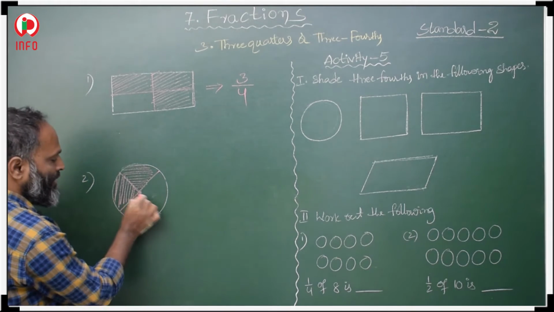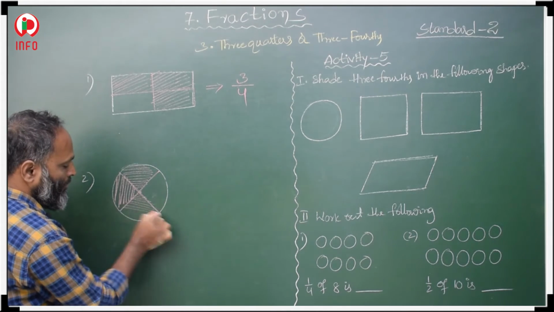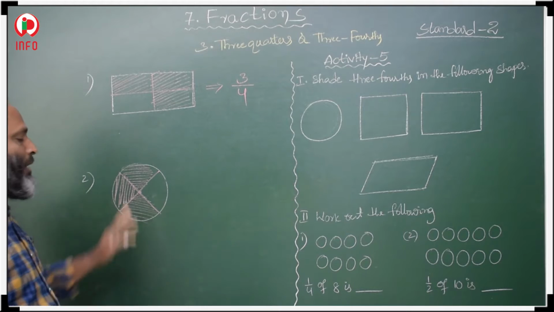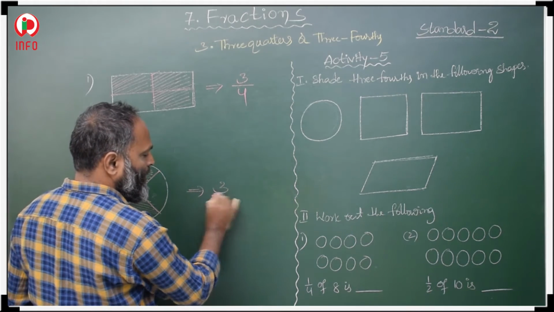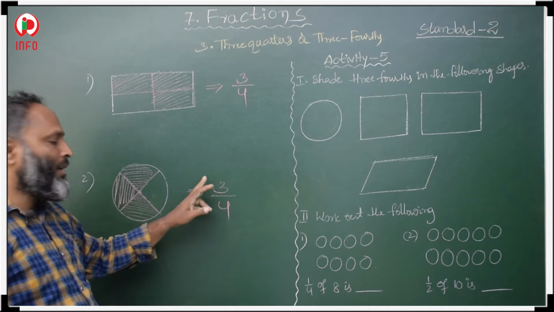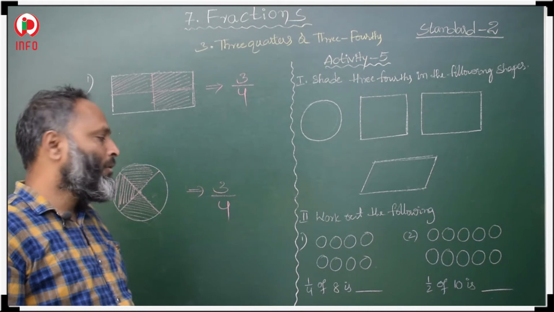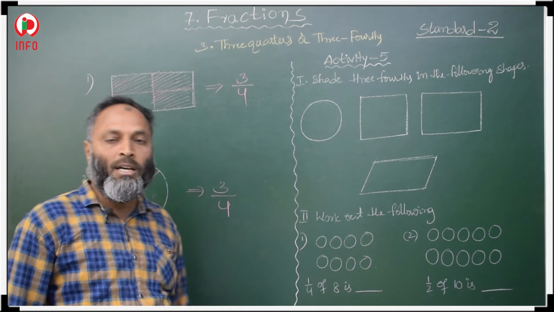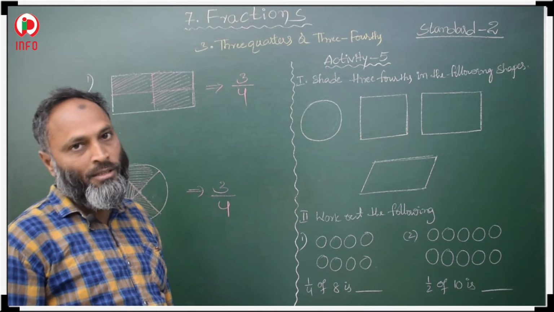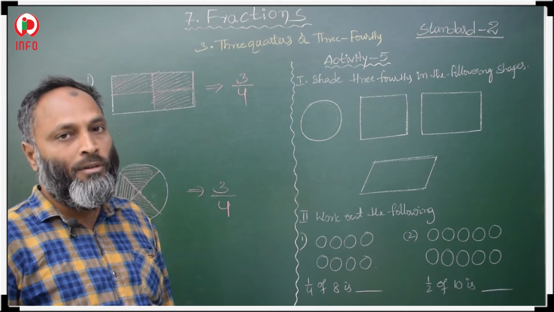Then this is the third quarter. This is 3 quarters. How to represent it? 3 by 4. In the numerator 3, in the denominator 4. So out of 4 parts, 3 parts are shaded. That is 3 quarters.